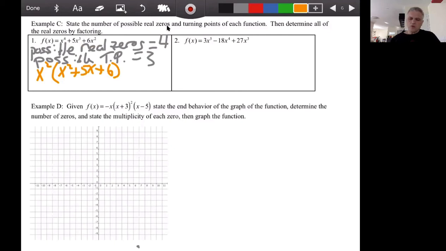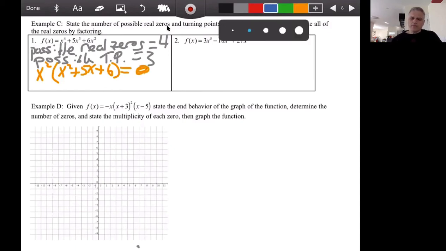Okay, now we're finding the zeros, so let's set it equal to 0. That's a 0, trust me. Okay, so we know we're going to end up with the x squared equals 0 as part of our solution, but let's factor x squared plus 5x plus 6.